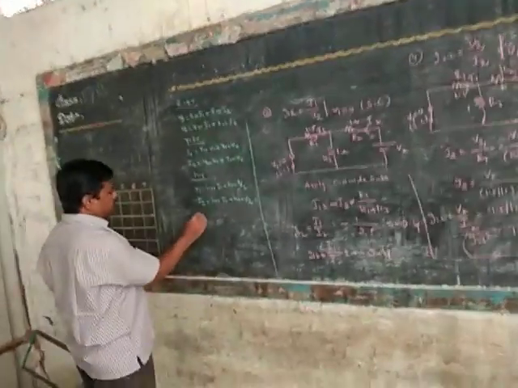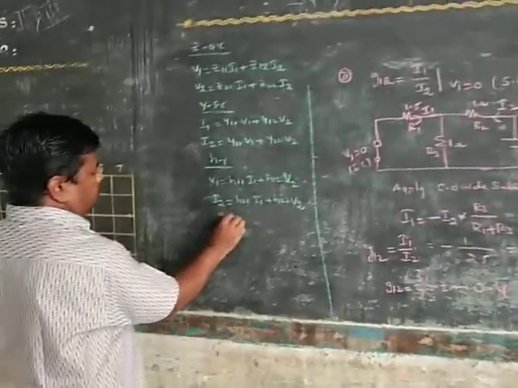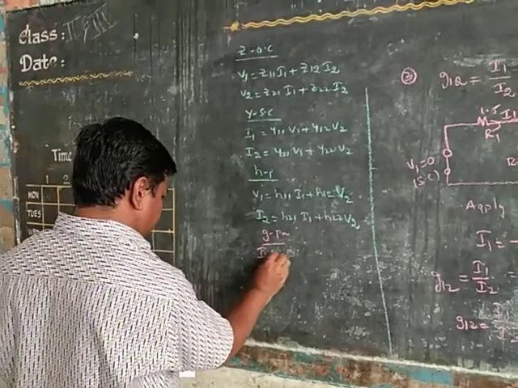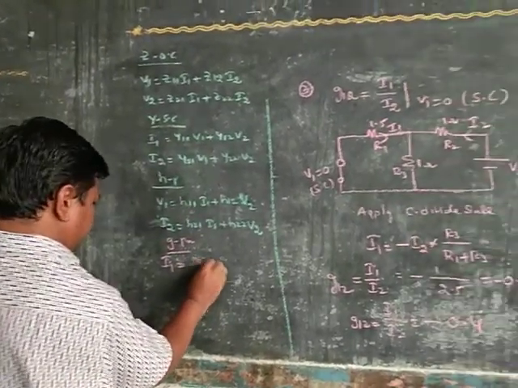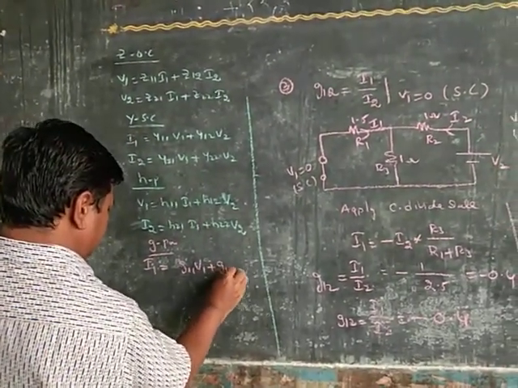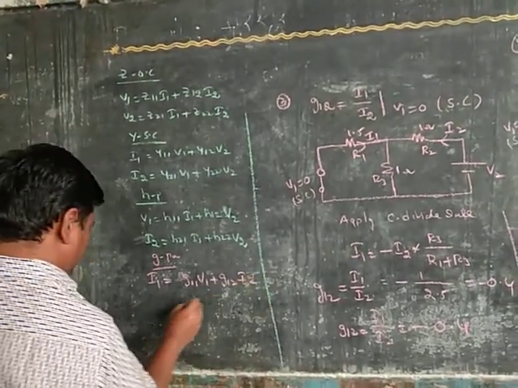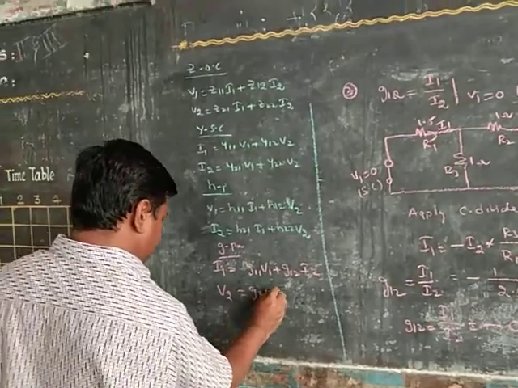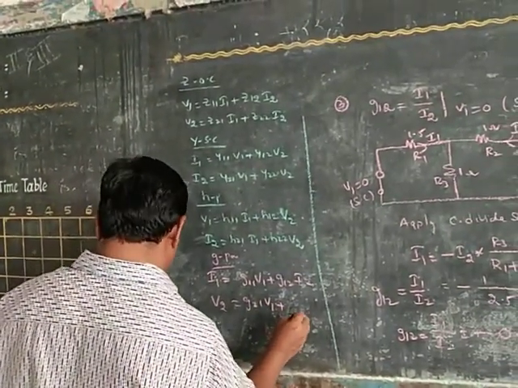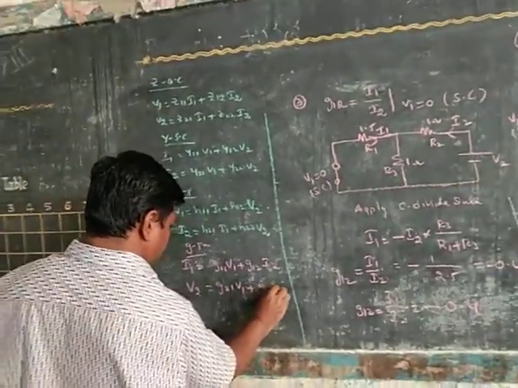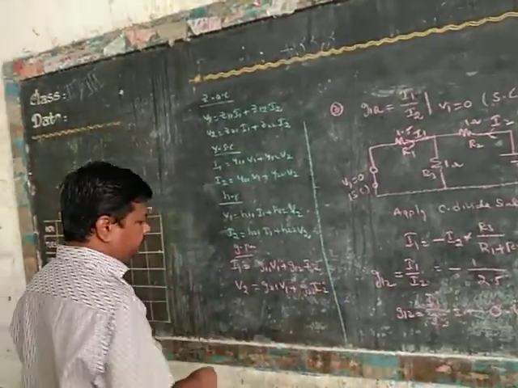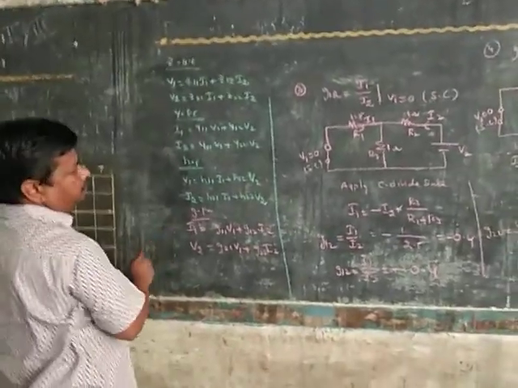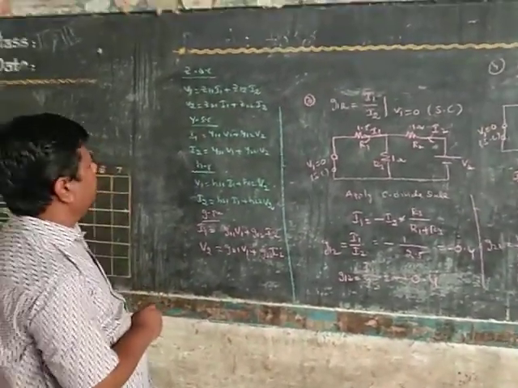So far, we completed a total of 4 parameters. G parameters: I1 is equal to G11 V1 plus G12 I2, and V2 is equal to G21 V1 plus G22 I2. These are the 4 parameters to describe two-port networks.